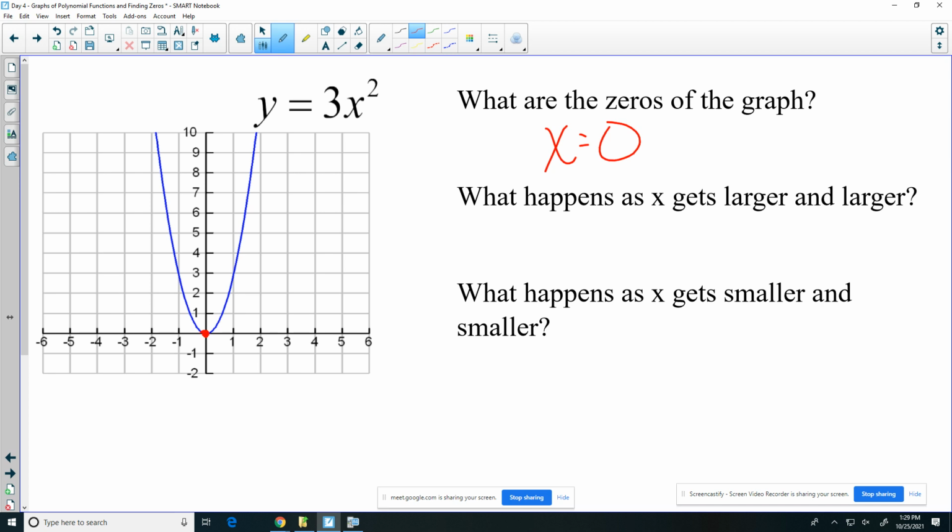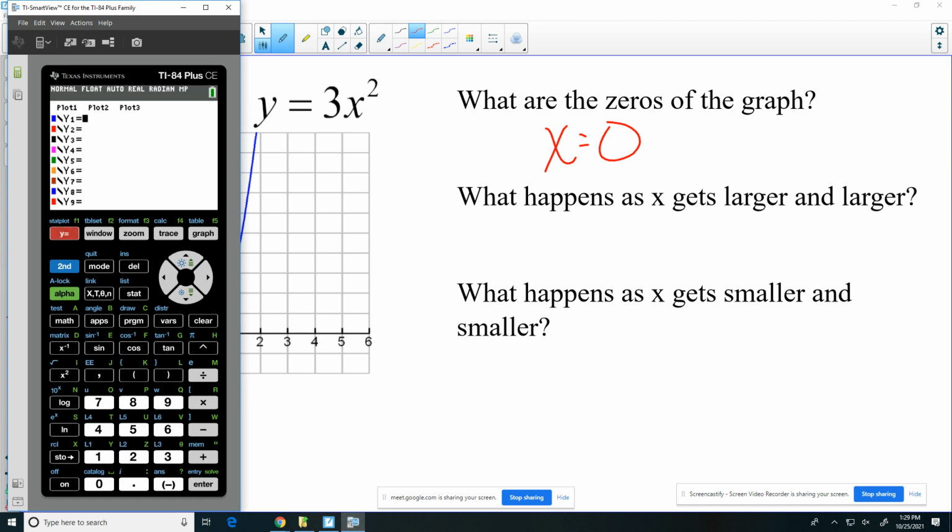What happens to my y values as x gets larger and larger? As I make my x values more and more, what happens to my y values? Well, let's take a look. Y equals 3x squared. Sometimes it's easier to look at this as a table rather than a graph. As I increase my x values, what happens to my y values?